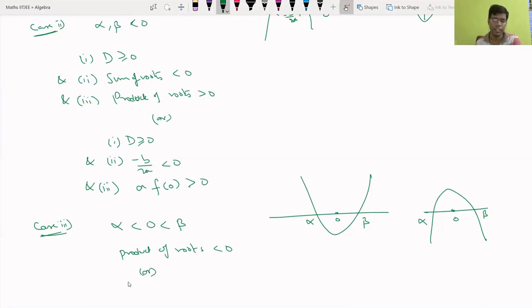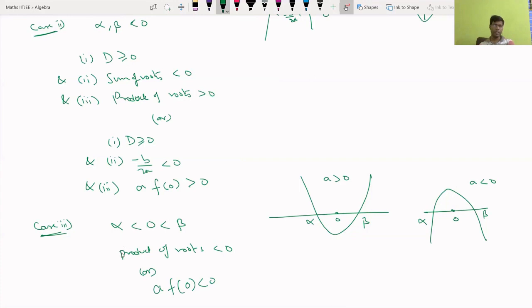Or another condition I can use is f of 0. This is when a is positive and this is when a is negative. When a is positive, my f of 0 is less than 0. When a is negative, my f of 0 is positive. So basically, my a multiplied with f of 0 is less than 0 in this case.